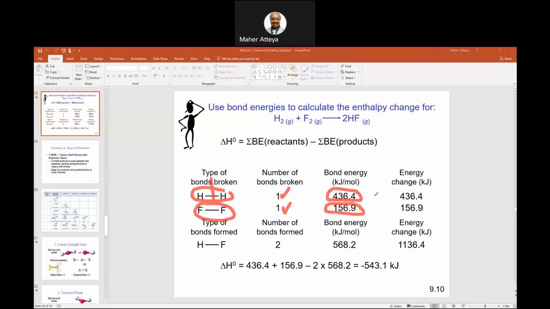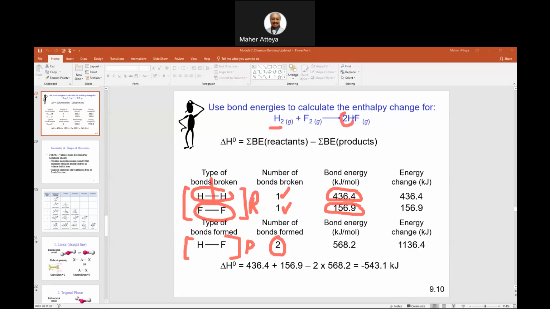These are the reactants, by the way. This one is your product. And how many of this? 2. Why 2? Because you have 2 moles.